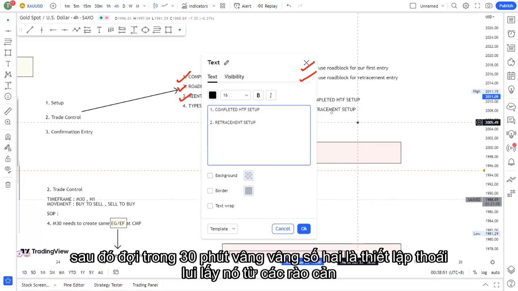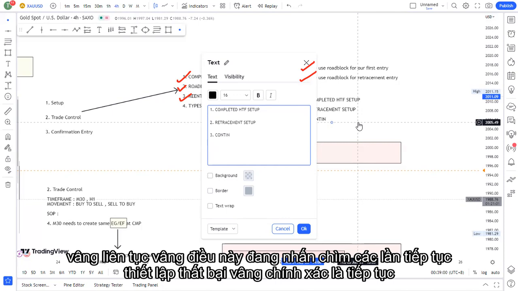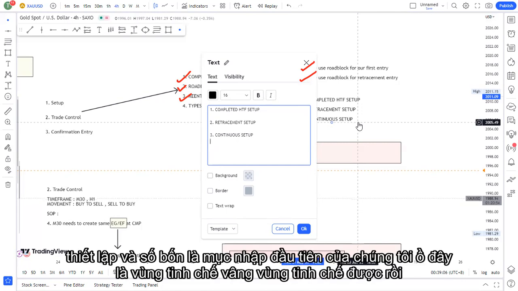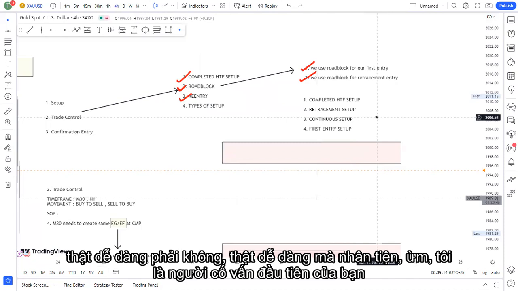Number 3 is where we take it from roadblocks, the engulfing failed setup, the continuation setup. And number 4 is our first entry, the refined zone. It's easy, right?